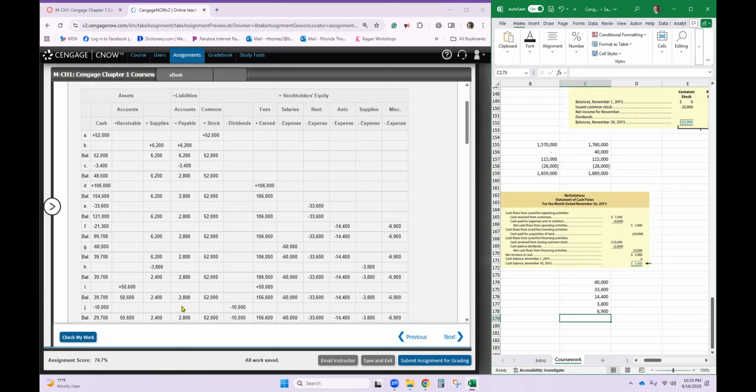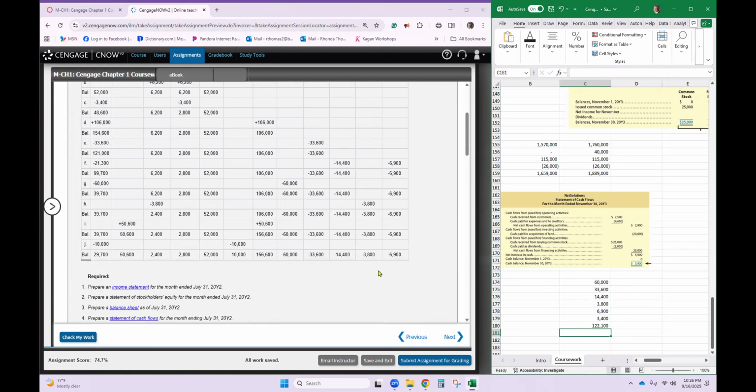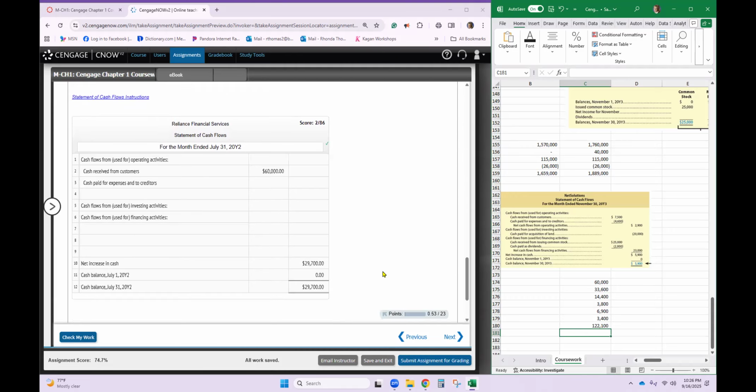Okay, a creditor. So we paid $3,400 to a creditor. Now let's see if we can get a balance. 122,100. Let's see if we're right.